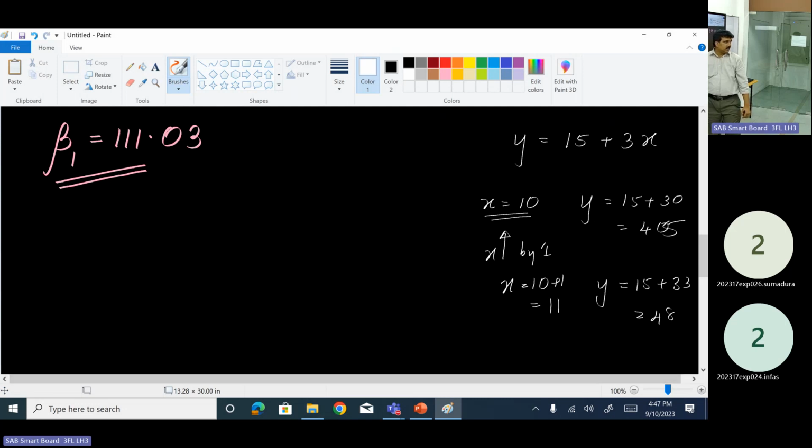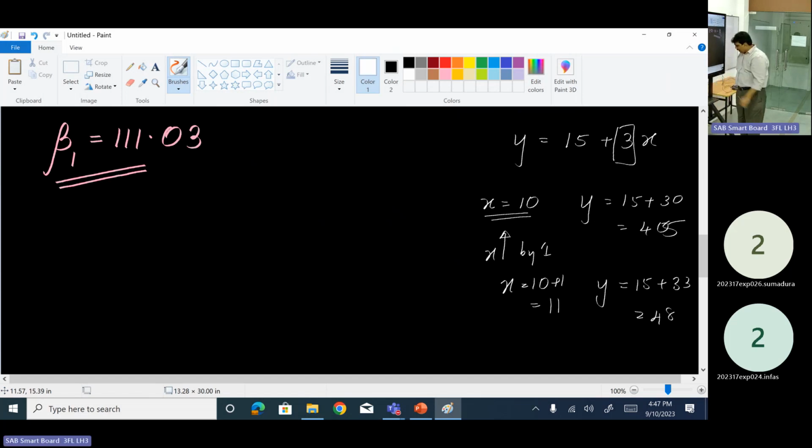By how much has it increased? By 3. So according to this model, this is the beta 1 value. Y equals beta naught plus beta 1 x. So this is the beta 1 value, plus 3x. When I increase the x by 1 unit, y increases by beta 1. Generalized term, right? Beta 1.